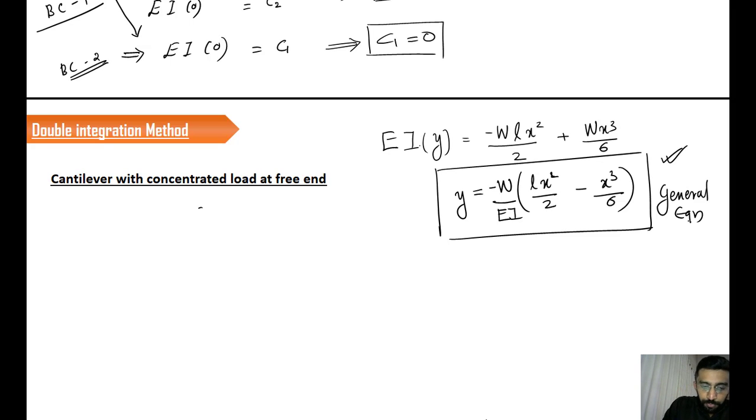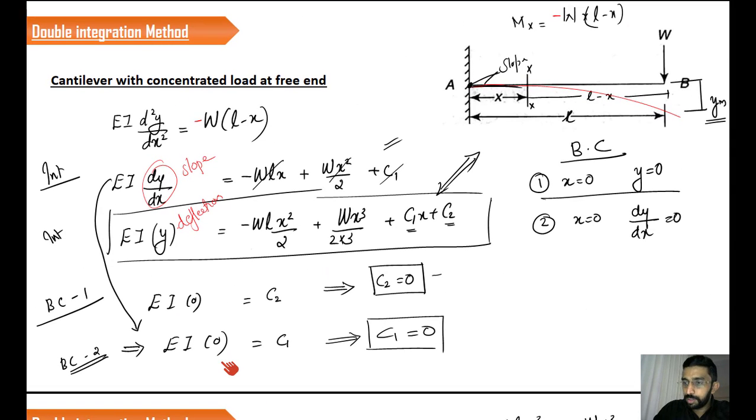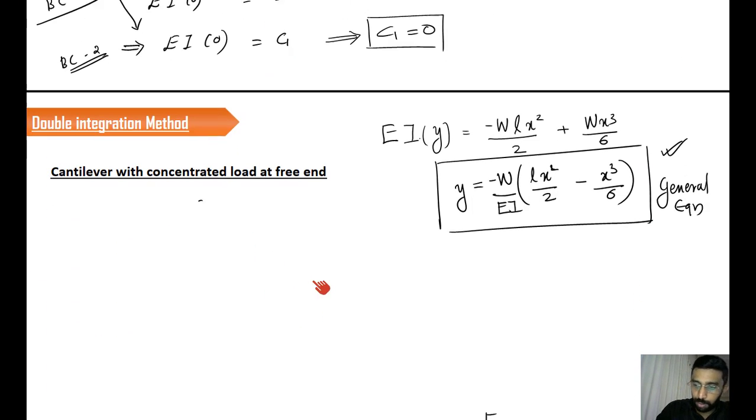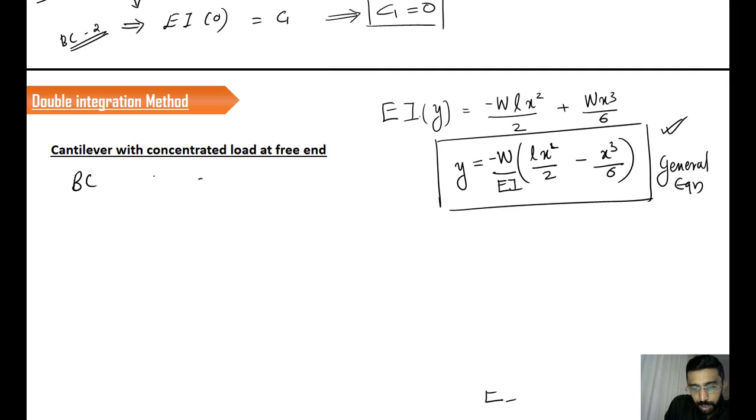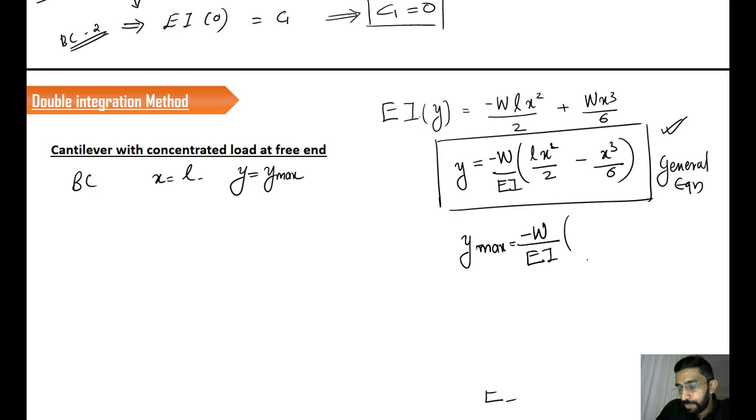Now, if we want to find the maximum deflection, which is happening at the end point, we know that maximum deflection is happening at the location x is equal to L. So if I substitute that boundary condition, that at x is equal to L we have y equal to y max, I can say that y max equal to minus w divided by EI into L cube by 2 minus L cube by 6.